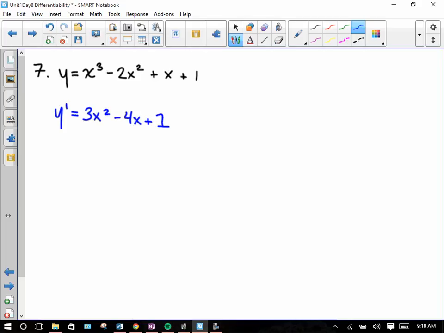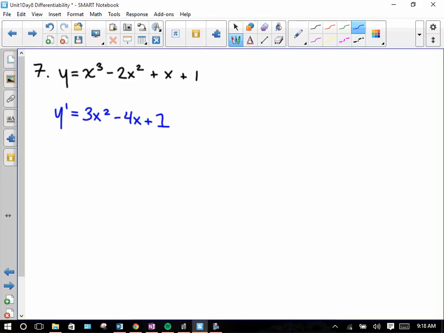What we need to do at that point is figure out where this first derivative is equal to 0. We said not to use our calculator because on the AP test we need to be able to determine where the horizontal tangents are without using our calculators.